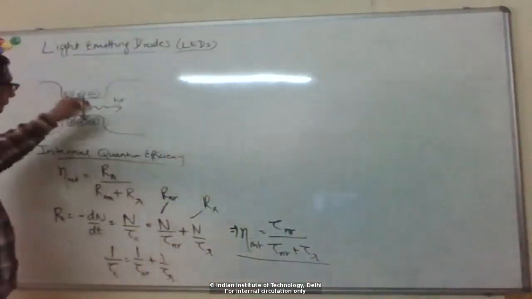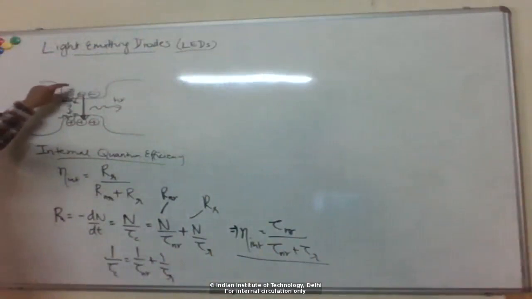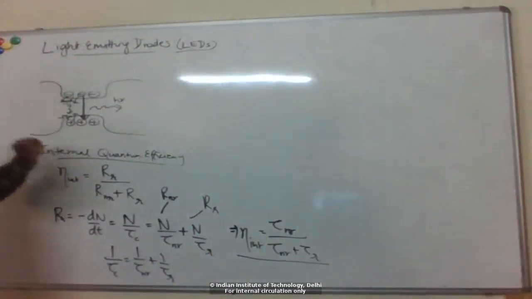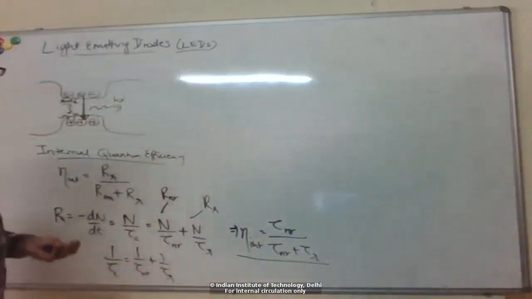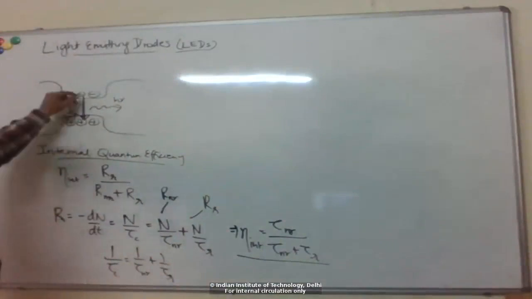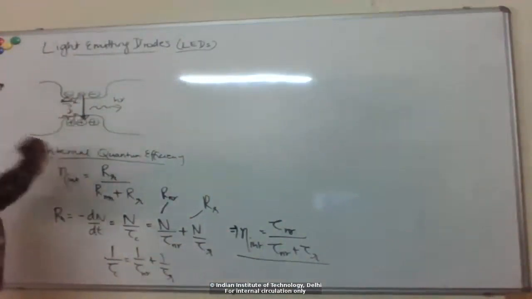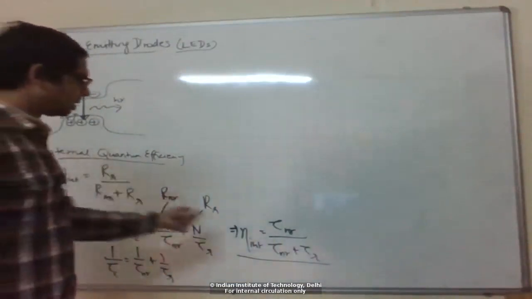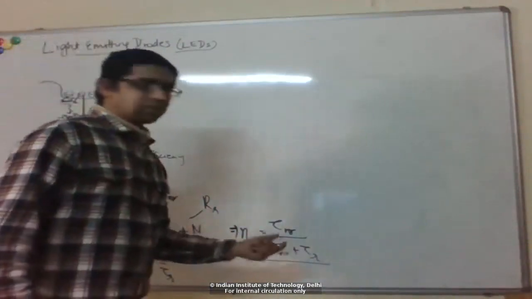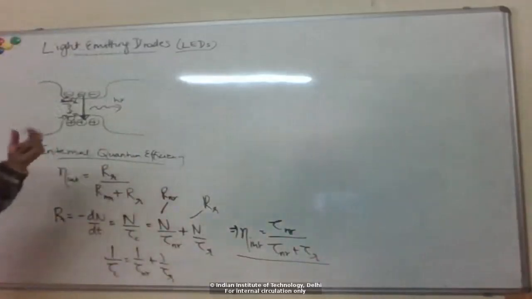So again, what is the lifetime? That is the mean amount of time that the carriers stay before they recombine, right? So if the radiative lifetime is much smaller, then the probability is very high that the charge carrier will first recombine radiatively rather than non-radiatively, right? Because the lifetime for non-radiative recombination is much larger.